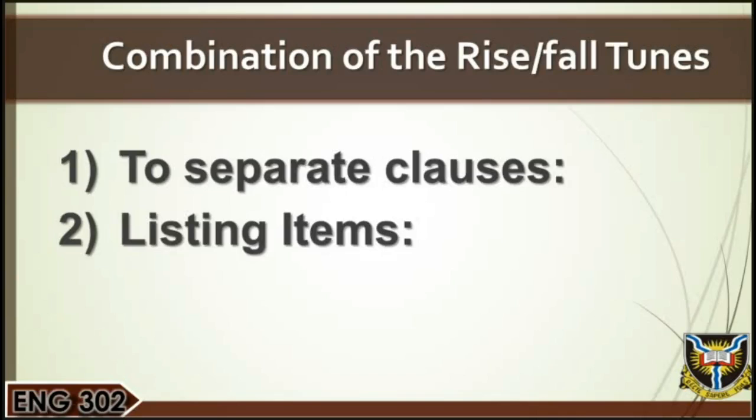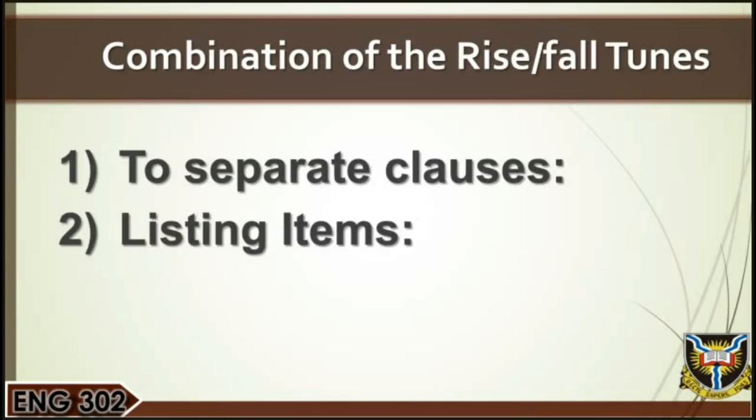These utterances are uttered with the rising and falling tunes combined, to separate clauses and to list items. To separate clauses: Wherever you go, be a good boy. Listing items: Mary, John, Peter, and Grace. To separate clauses: As soon as she arrived, I told her to take her baby and leave.